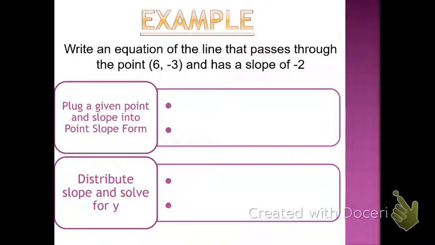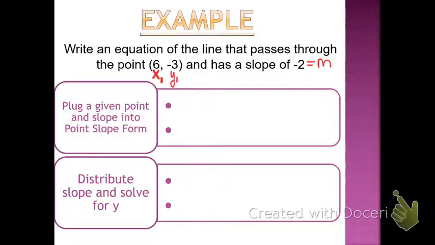We would like to write the equation of the line that goes through the point 6, -3 and has a slope of -2. So the 6, -3 is your point. The x1 will be 6 and the y1 will be -3. Your slope will be your m.